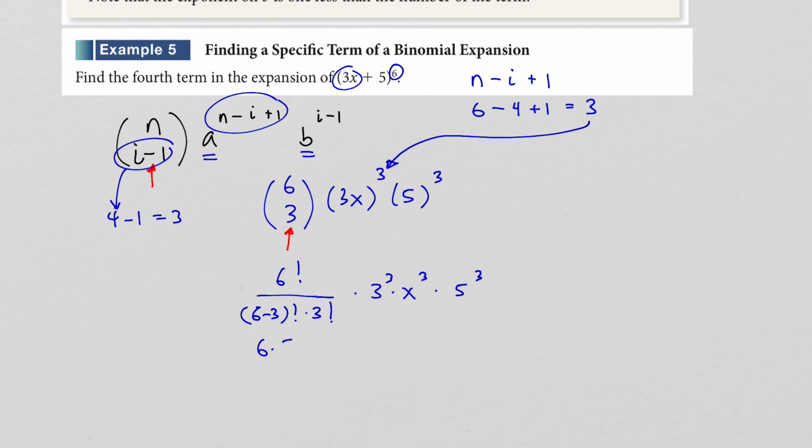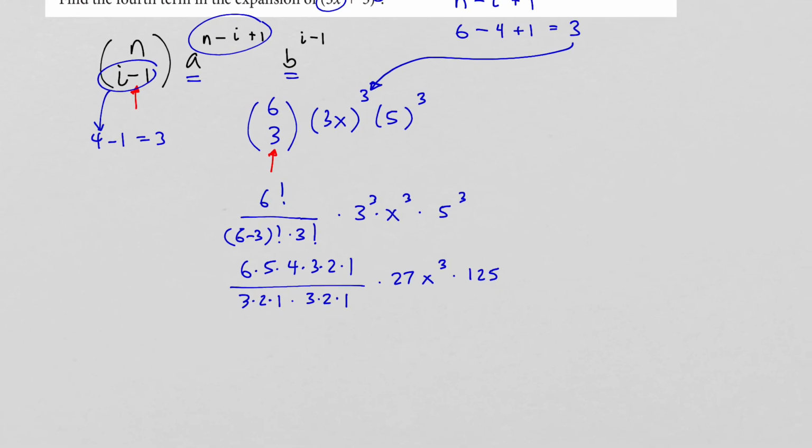So this is 6 times 5 times 4 times 3 times 2 times 1 divided by right here. This is 3 factorial, so that's 3 times 2 times 1. And then we have another 3 factorial times 3 to the third is 27, so 27x cubed. And then 5 to the third is 125. So now I just need to do some cancellation. 3, 2, 1 cancels here.